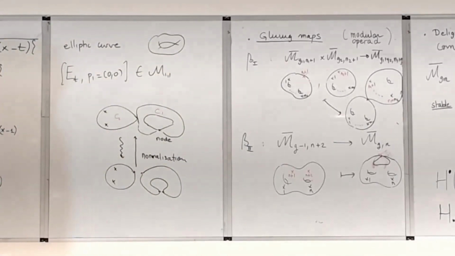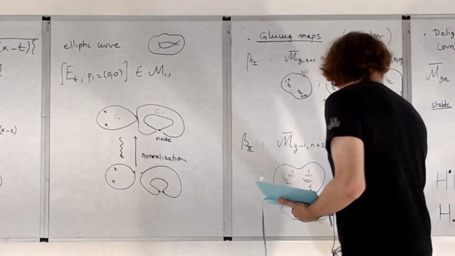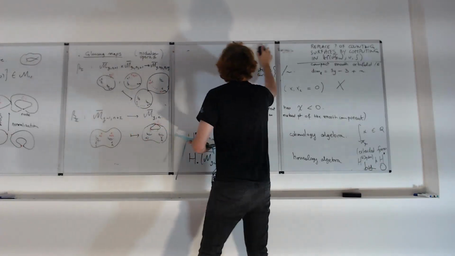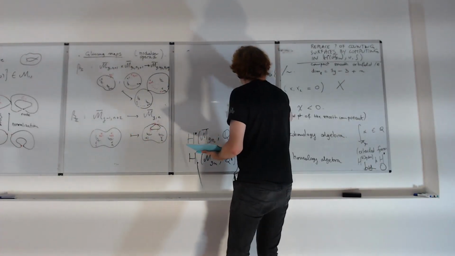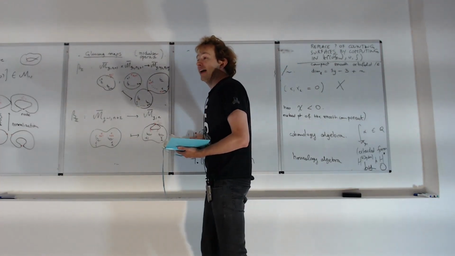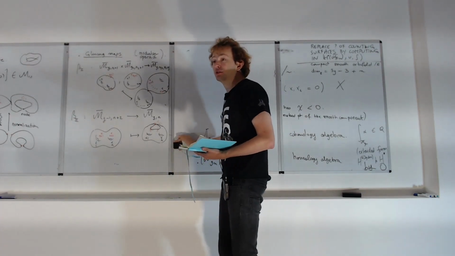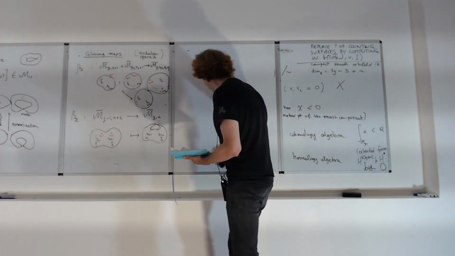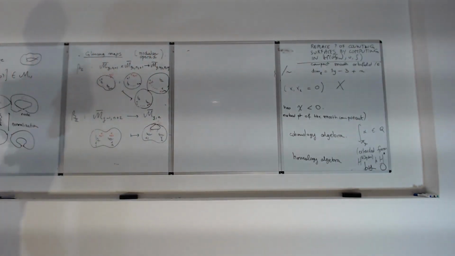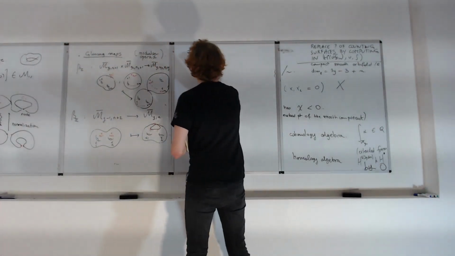Okay. So we have these maps between the spaces M_{g,n} bar. And if you go in cohomology, you can pull back by such maps. In homology, you can push forward. But since we're in this compact situation where the homology and the cohomology are isomorphic, in fact, we're going to be able to use the push forward of these maps.